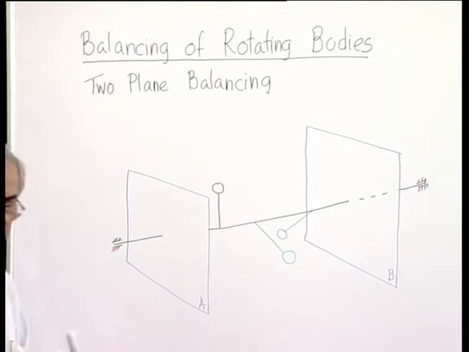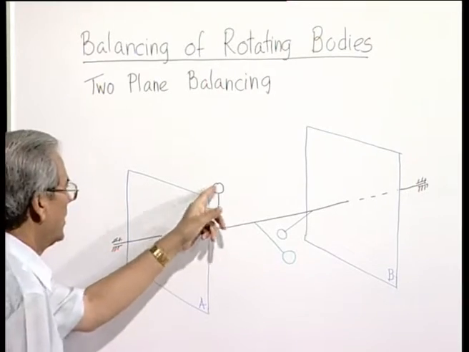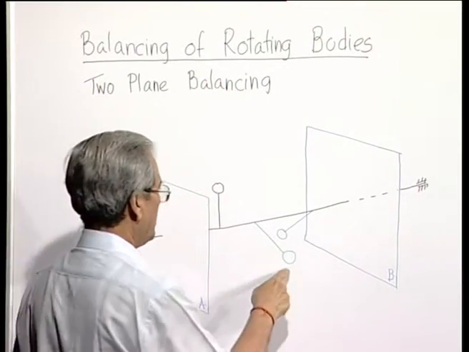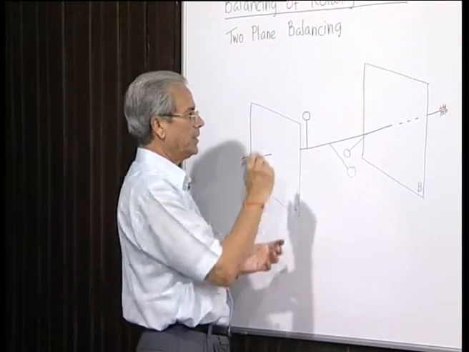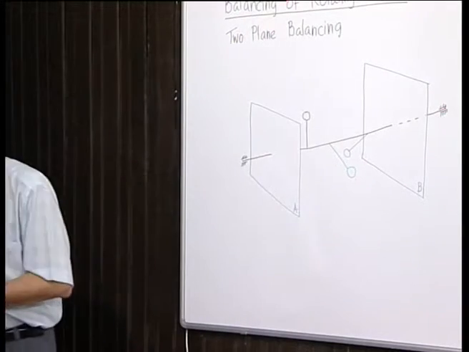so let us consider only 3 unbalances here, M1 E1, M2 E2 and M3 E3. Now, it means what?